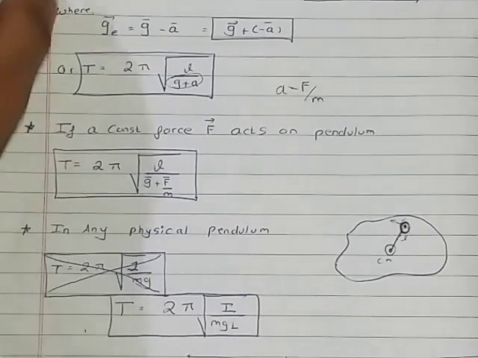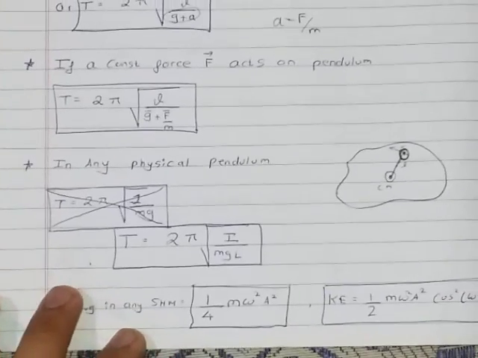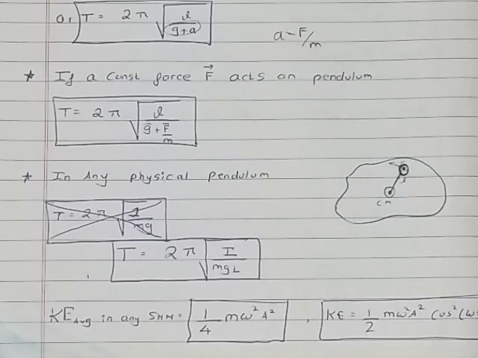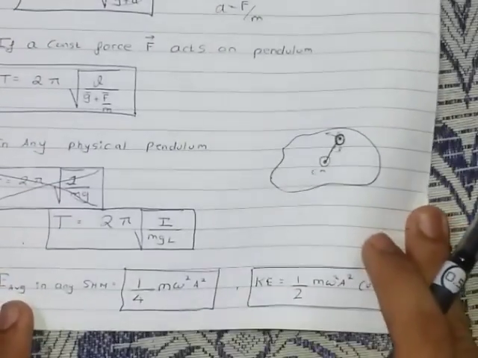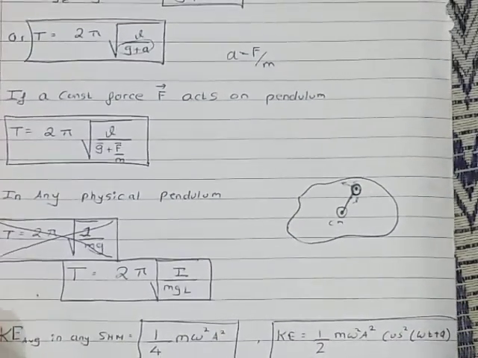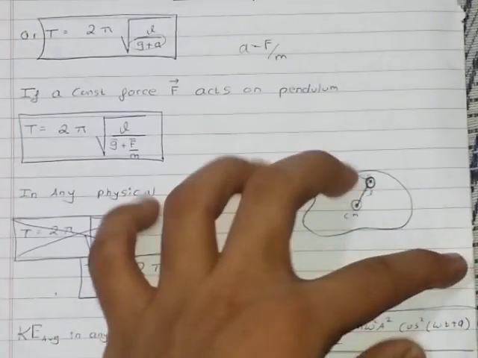That's it. And in any SHM, the kinetic energy, why did I write this again? Kinetic energy in any SHM equals half of m omega square a square cos square (omega t plus or minus phi).